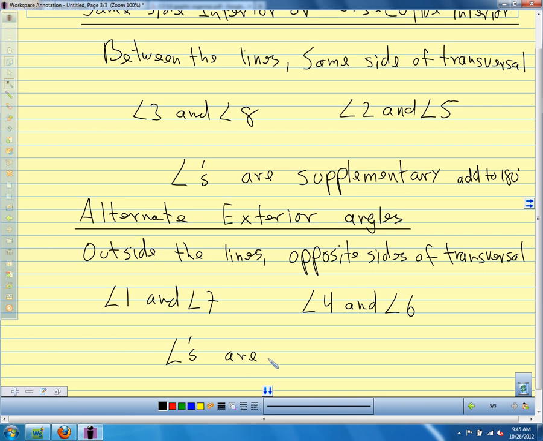Now, if alternate interior angles are congruent, what would you guess alternate exterior angles are? So look at the picture on your graphic organizer. How do you think that angle 1 and 7 compare? Just by looking at them. They're the same. They're congruent. Alternate exterior angles are congruent.